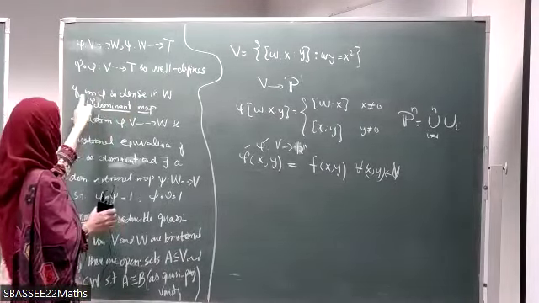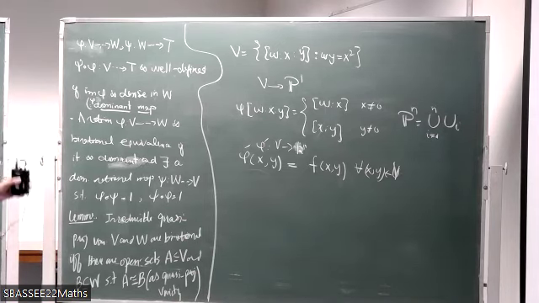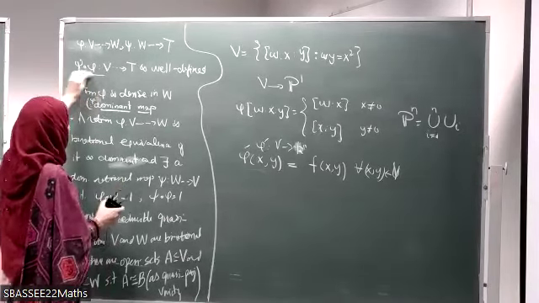Yes, you can compose if the image is dense in W. Because whenever the image is dense in W, the domain of definition is always a Zariski open set. And a Zariski open set in an irreducible variety, because I am considering irreducible quasi-projective varieties here, is always dense. Whenever you have two dense sets, their intersection must be non-empty. So that's why it makes sense that you can compose them.